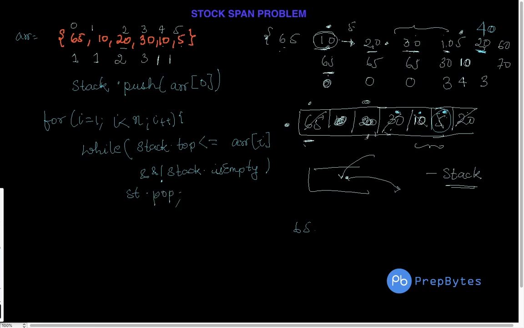So as you can see, we are not updating our span till now, right? So we have to keep our span as well. The span for 0 is obviously going to be 1. Now as we saw, there were two situations. Number one is that there is no greater element on the left. How do I know that there is no greater element on the left?